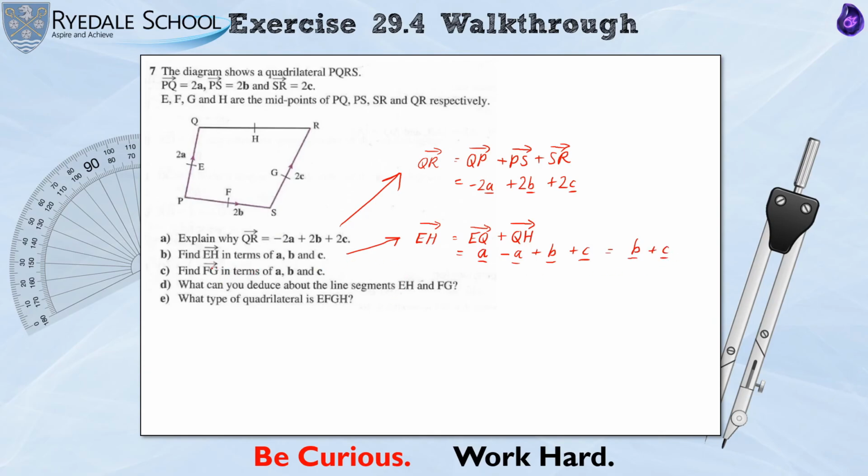Now it asks us to find F to G in terms of A, B, C. Okay, and I think for the F to G, I'm just going to do this route here, which is a B plus a C. So F to G is also B plus C. So that was a B and that was a plus C. So what can I deduce about these line segments?